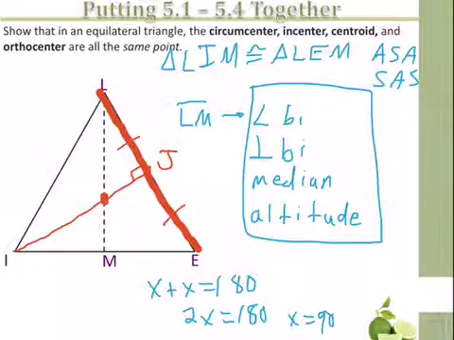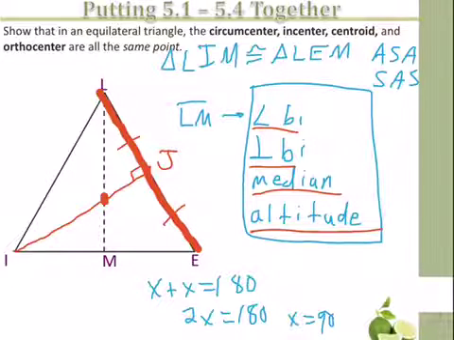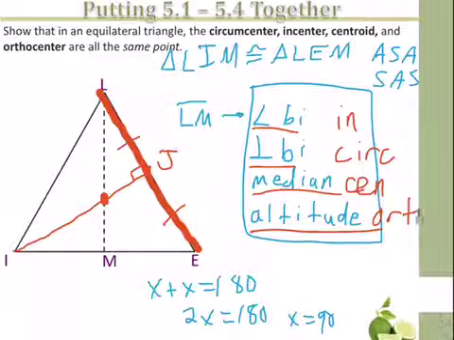Since it's the point of concurrency of all of these things, that makes it every single center point that we've had. So if I have an equilateral triangle, folks, the incenter, the circumcenter, the centroid, and the orthocenter are all the same point.